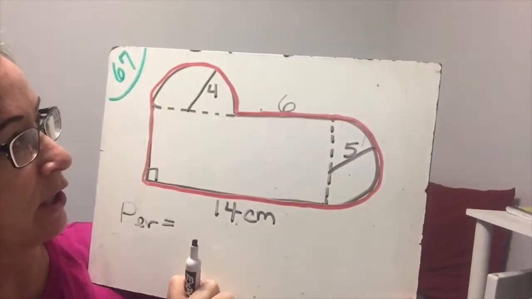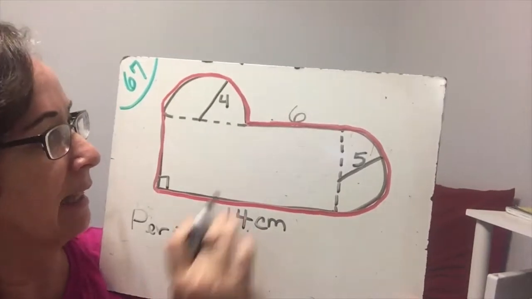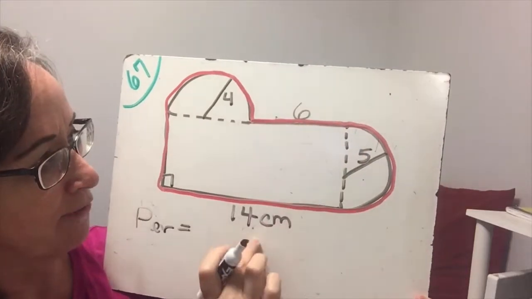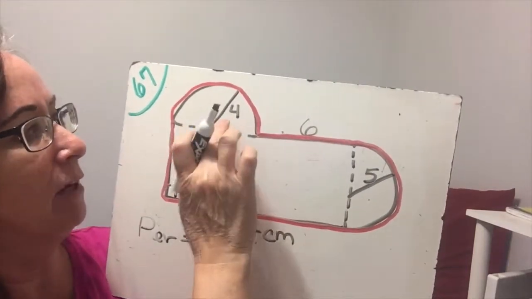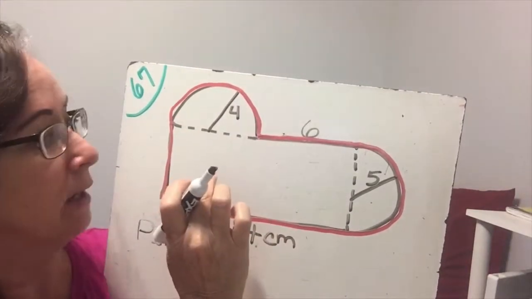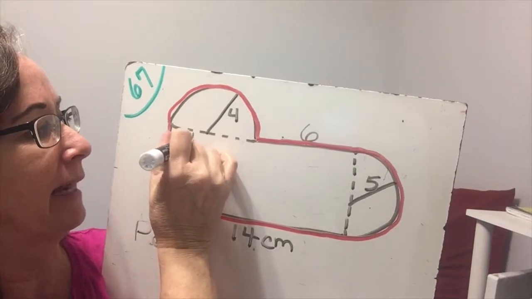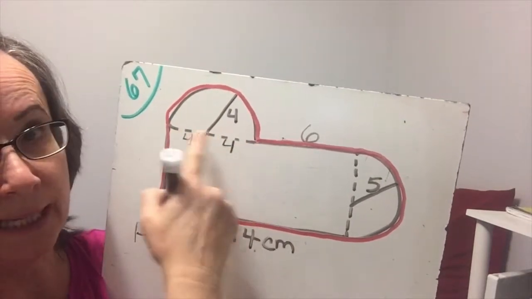So let's first look at all of our linear pieces. Lines are easy. So we have 6 here. We have 14 down here. Everything is in centimeters. Now notice we have a radius of 4. So if that radius is 4, then doesn't it mean that the diameter is 4 plus 4, or 8 across here?